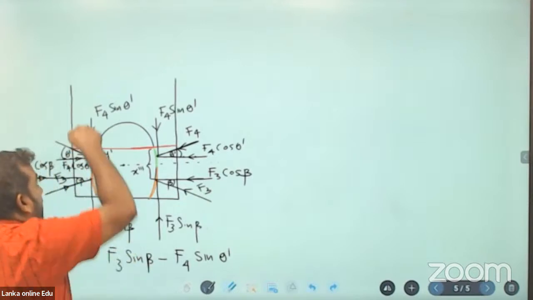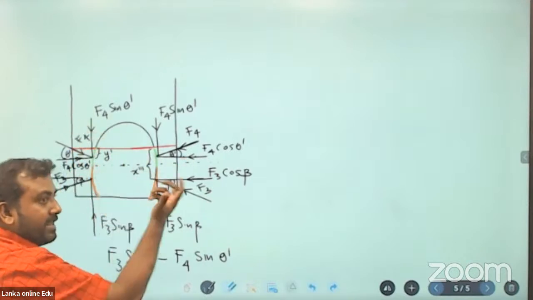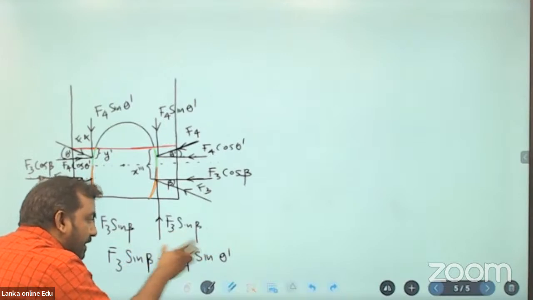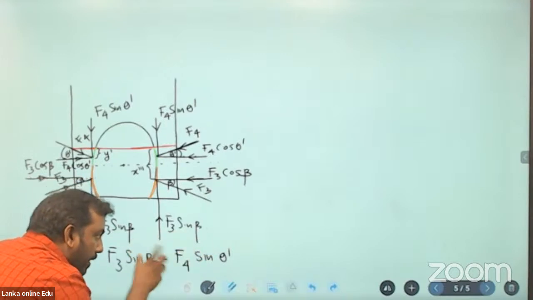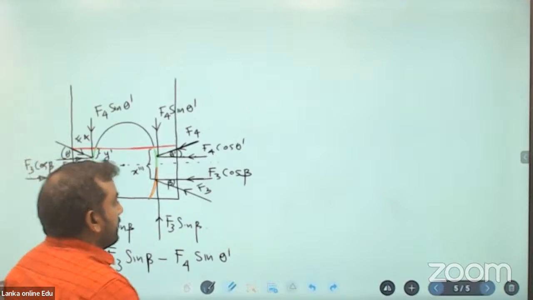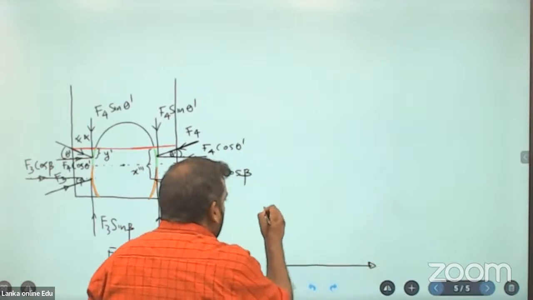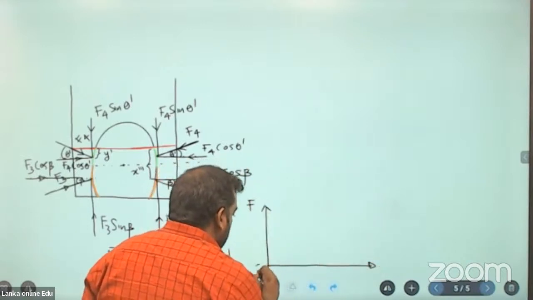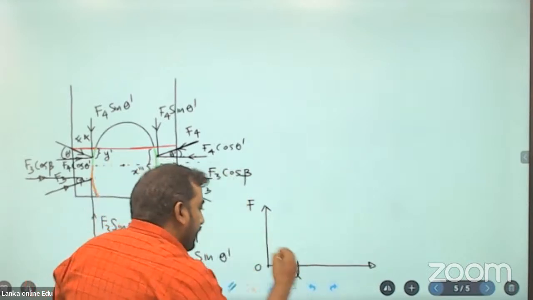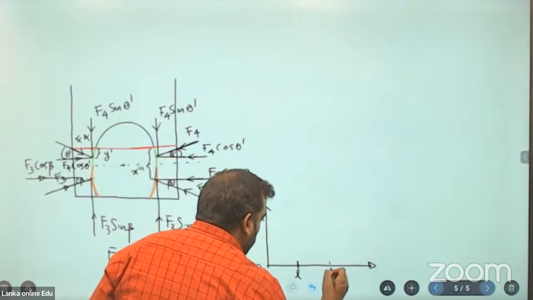F3 sin beta minus F4 sin theta dash, so it's still a curve, but the resultant has reduced. So if I consider the upward force from 0 to L earlier, now slightly more than L. I think they are given the curve L to 2L.